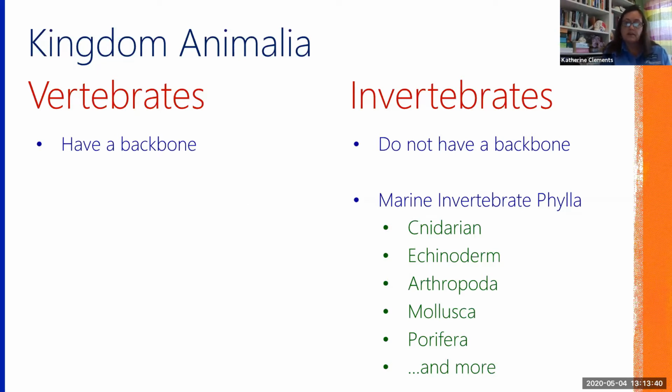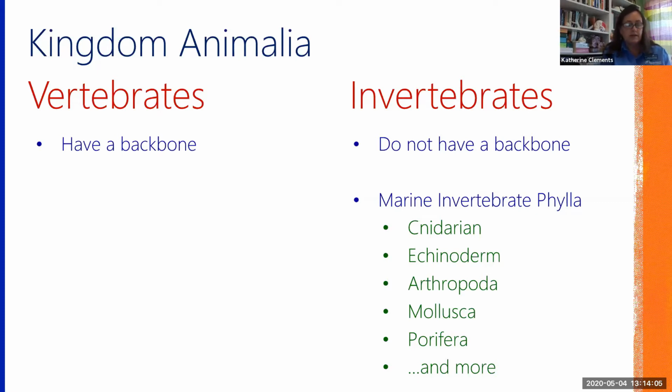The next word is echinoderm. See if you can say that one with me, echinoderm. Next on the list is arthropoda. You might already know about arthropods because insects and spiders are also arthropods that live on land. But we have very interesting arthropods that live in the water too.